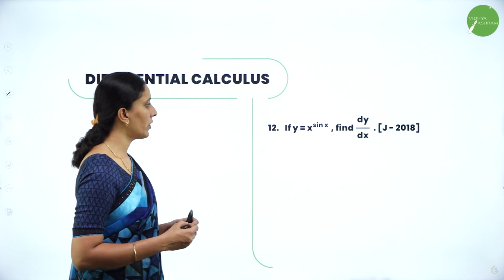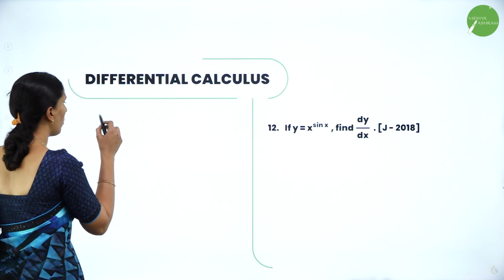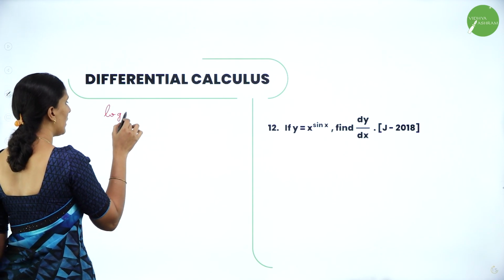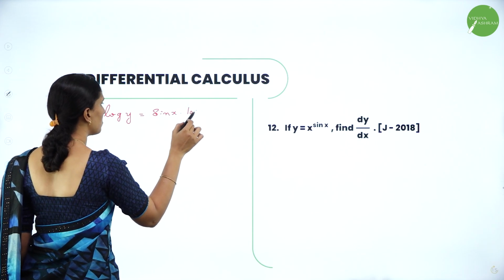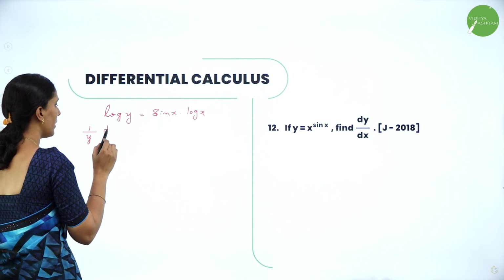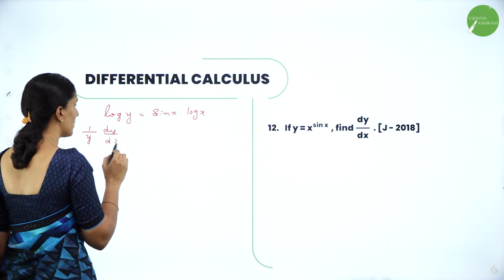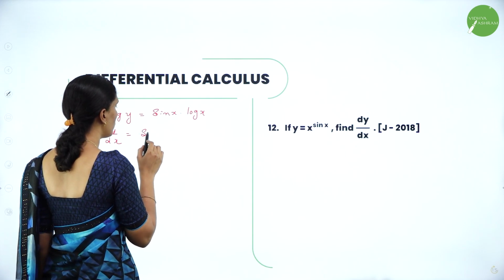Next we have y is equal to x to the power sin x, find dy by dx. So let us apply the log on both sides. We will get log y is equal to sin x into log x. So here derivative of log y is 1 by y dy by dx, and sin x log x, let us apply the product rule.